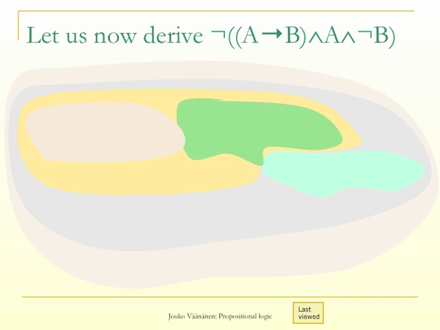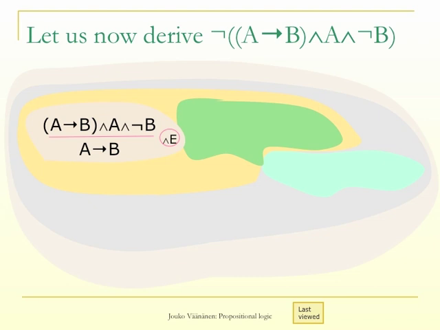With the negation introduction rule, we can now write down a deduction for the negation of ((A implies B) and (A and not B)) without any assumptions. We simply take (A implies B) and (A and not B) as a temporary assumption.